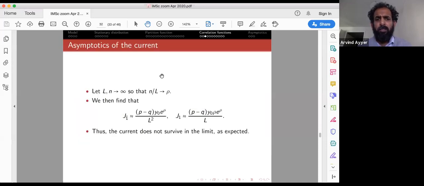Using the asymptotic formula, one finds that the current of 1 hat goes like 1 by L squared. And so the current of 1, because of this extra factor of n, will go like 1 by L. So as you take L and n to infinity, so that n by L converges to rho, the current does not survive. This is not unexpected, because one doesn't expect that if you have infinitely many particles, a single tracer particle will be able to influence the current.